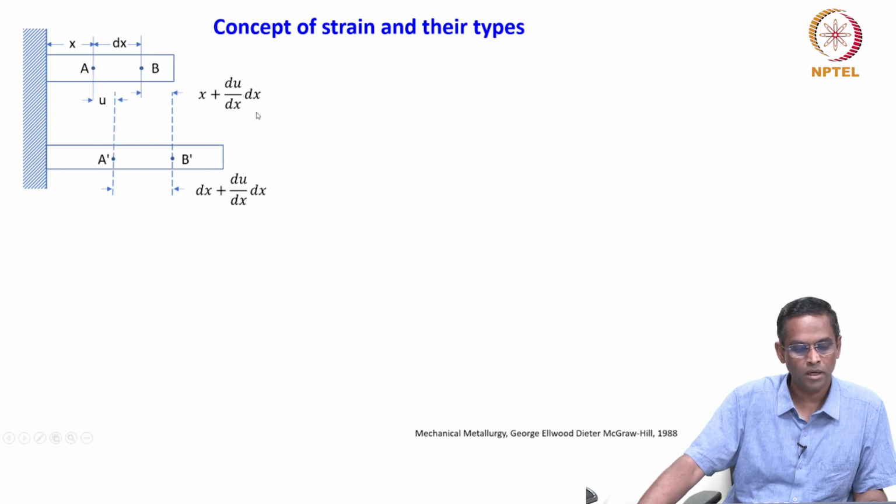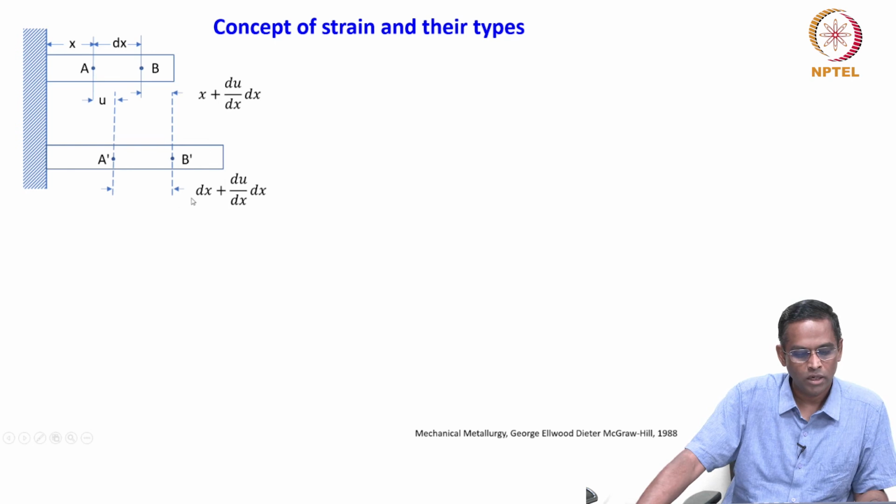So what does it mean? It is not an equal displacement, because B, which is here, is far away from the fixed end. So the displacement is more in B dash.